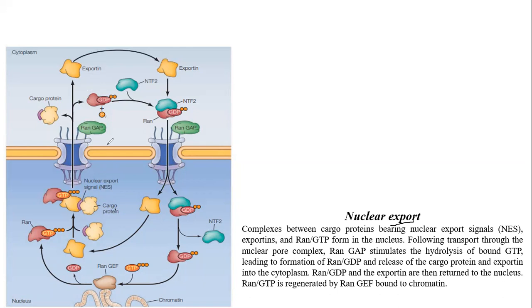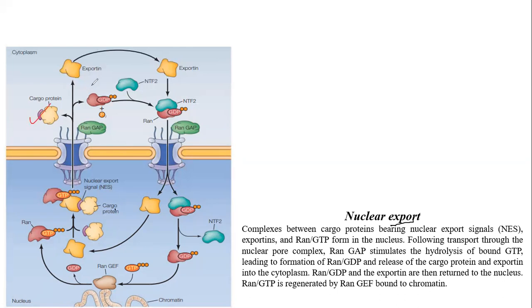Like you said, the cargo protein first binds the nuclear export signal so that it can find the nuclear pore, and then it gets out of the nuclear pore. And there the cargo protein dissociates from the export protein, which is exportin.